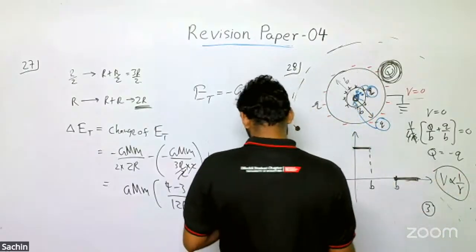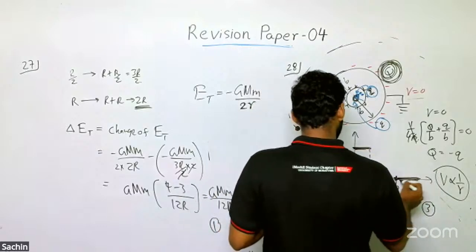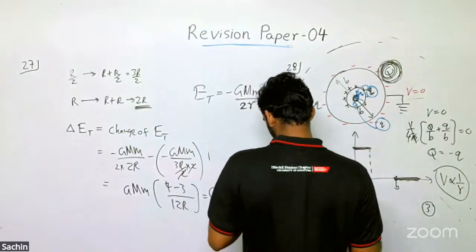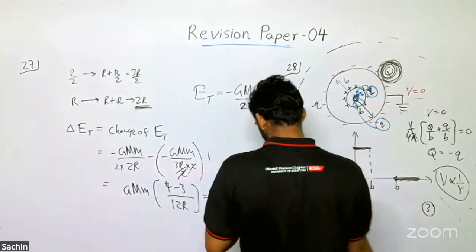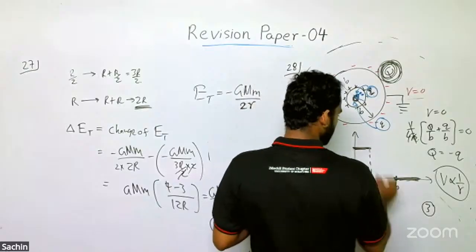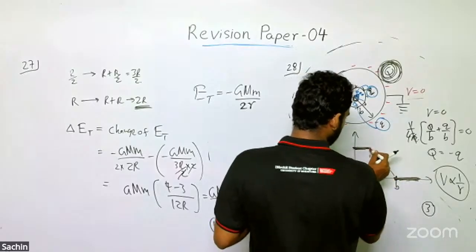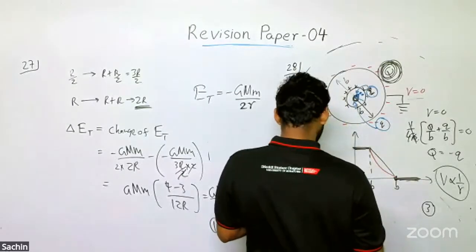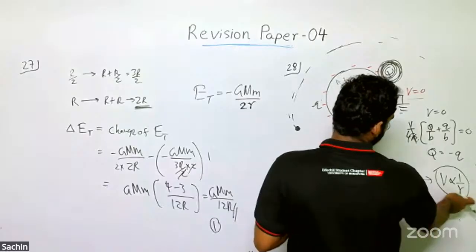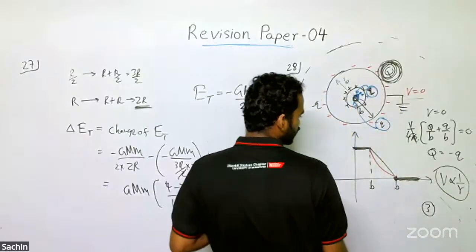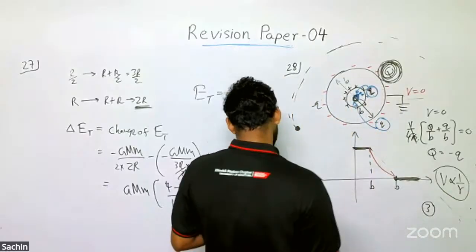Okay, because these areas are correctly represented only in two cases, which is the third option and the fifth one. In the fifth one, there is a linear relationship here, but linear relationships are not expected for potential graphs because it is proportional to 1 over r. So the third option is correct.